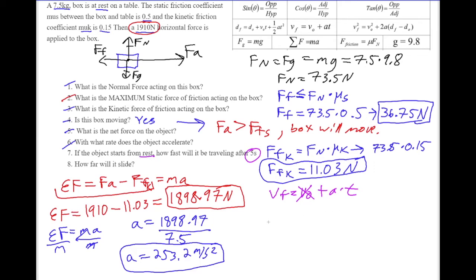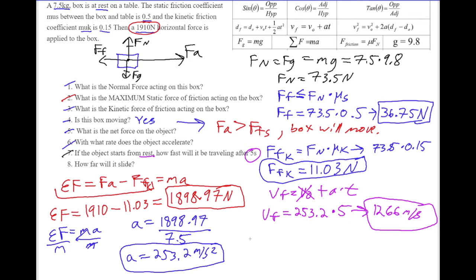And we're just solving for VF. We get VF is equal to A, which is 253.2, times our time, which is 5. We find out that VF should just be equal to 1,266 meters per second.